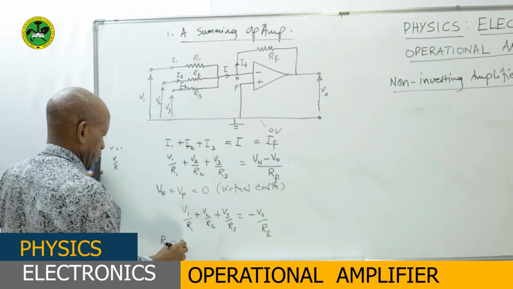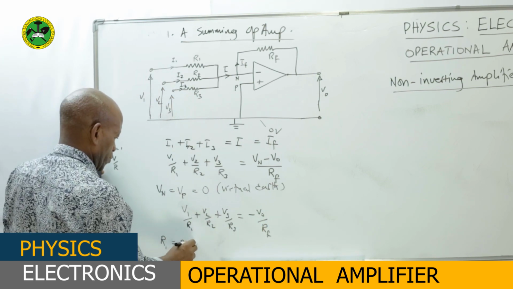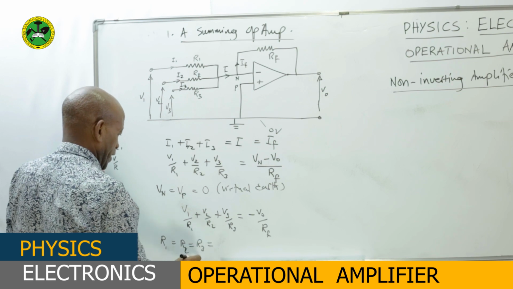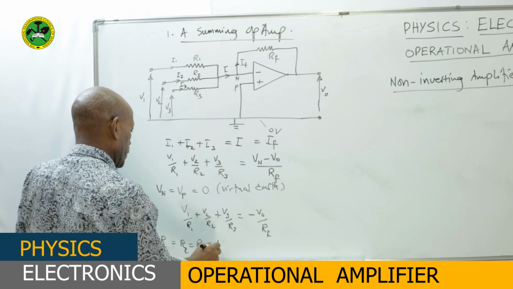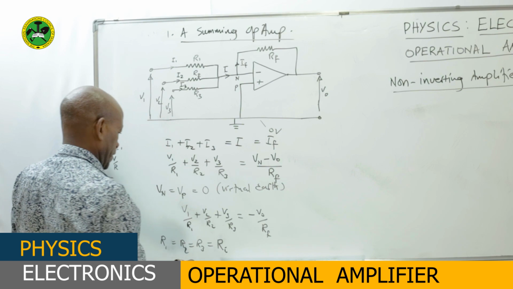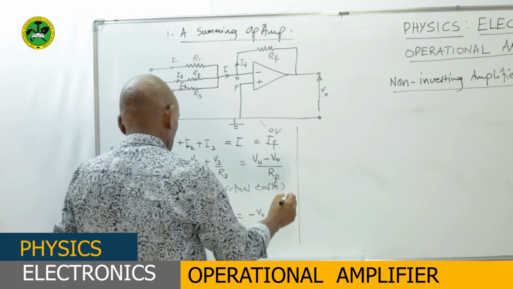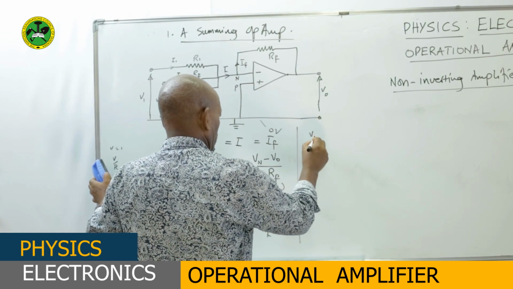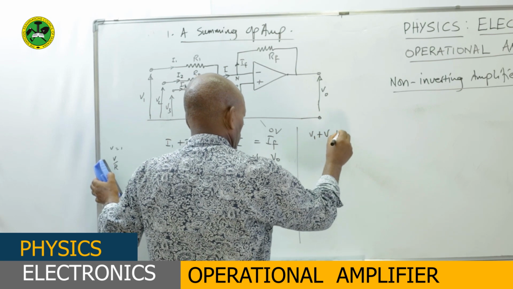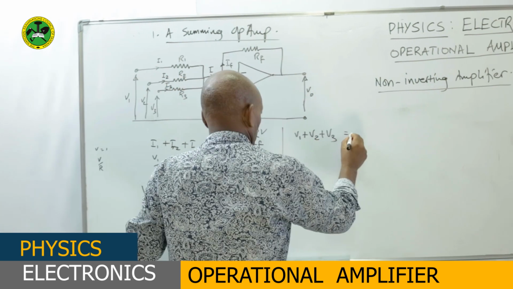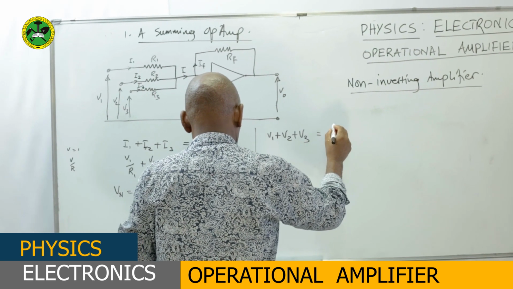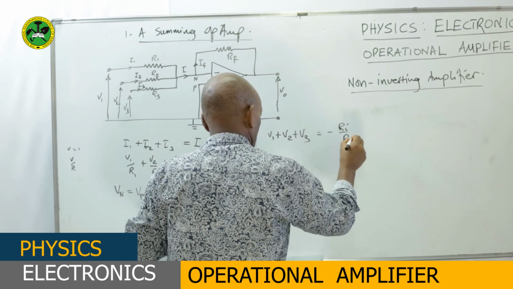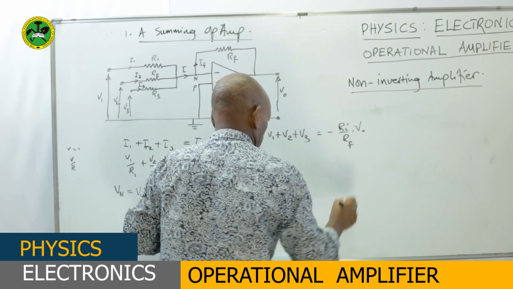If I take R1 equal to R2 equal to R3, equal to the input resistor Ri, then I have V1 plus V2 plus V3, and the whole of this will be equal to minus Ri over Rf times V0.